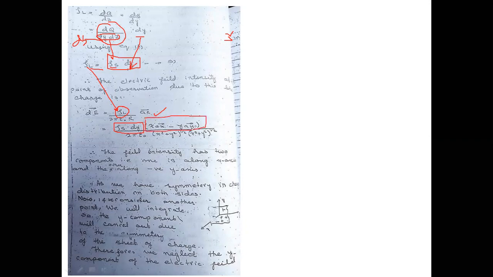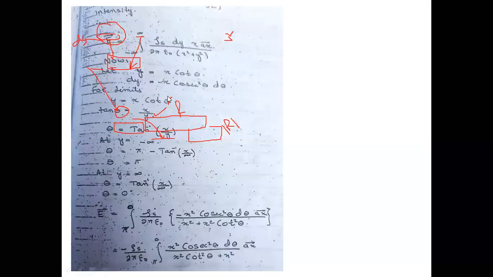This is the value of the r vector, and this is the value of r absolute. Okay, so now we have transferred the equation of the infinite line charges into the infinite sheet charges.